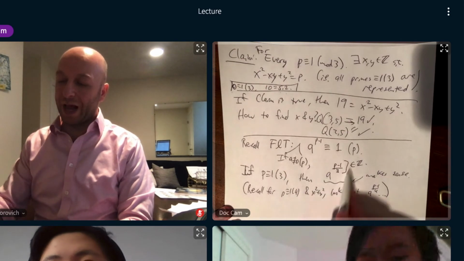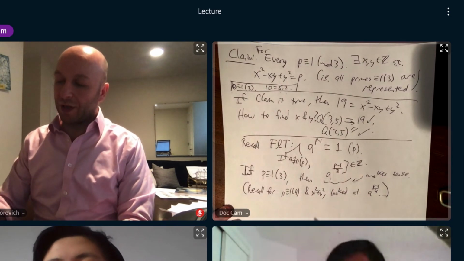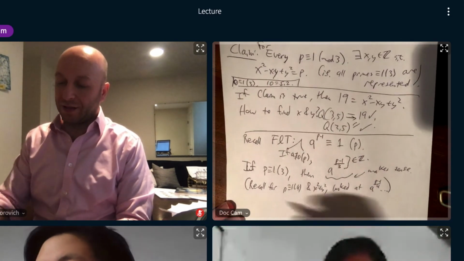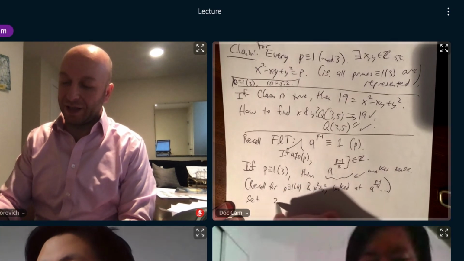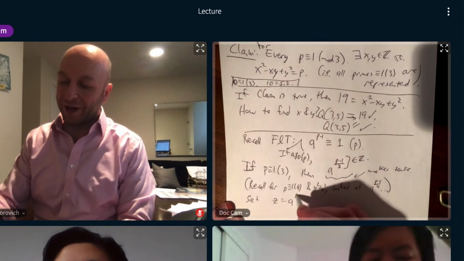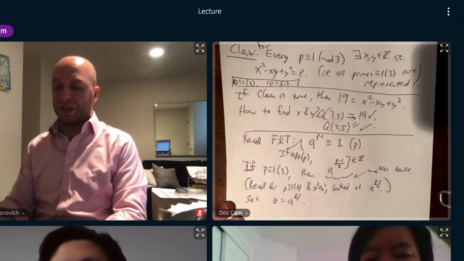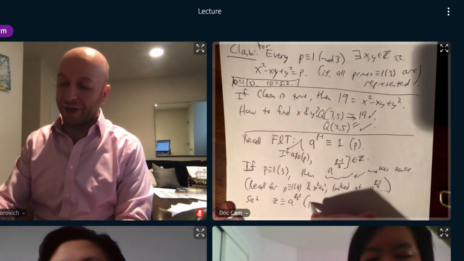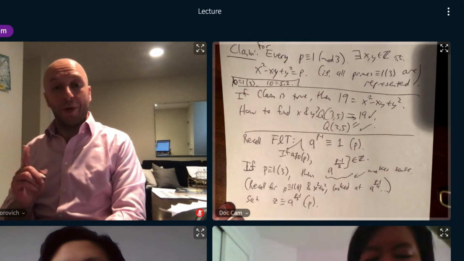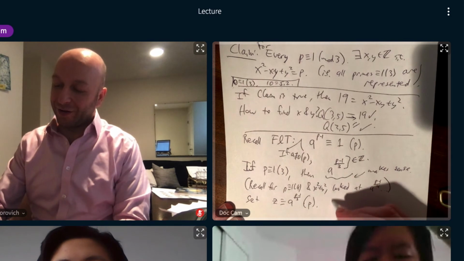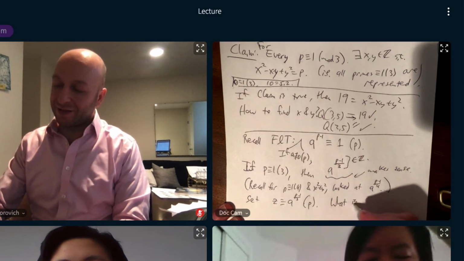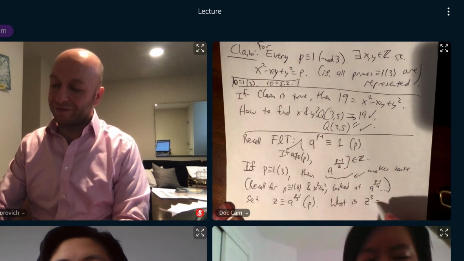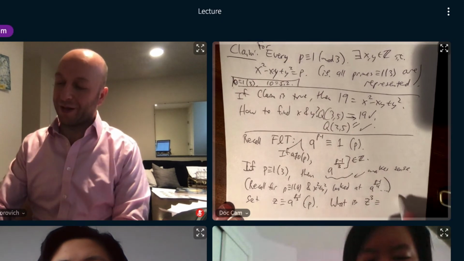So let's look at what happens to this. Well, this makes sense. So set z equal to a to the p minus 1 over 3. This is some number mod p. This number has a funny property. What is z cubed mod p?